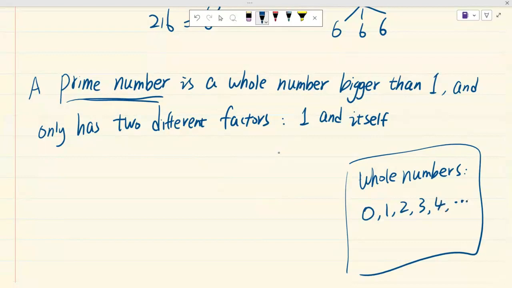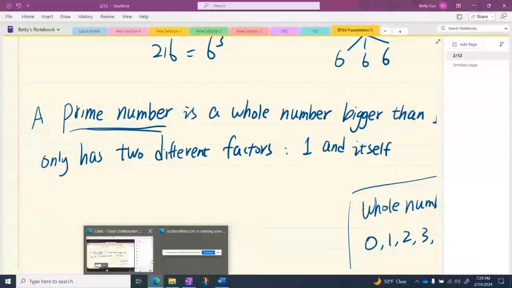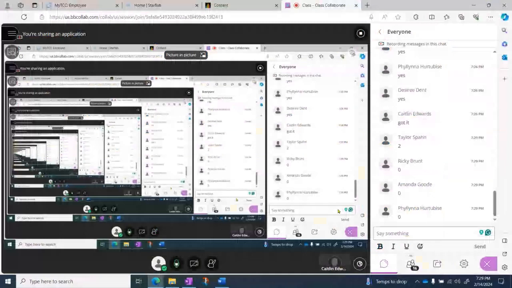I do need you to know that the smallest whole number is 0. The whole number set includes 0, 1, 2, 3, and so on. Very good. Don't forget that.